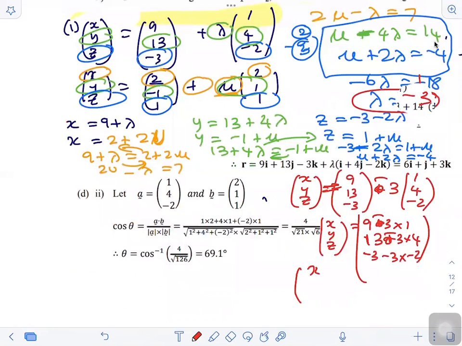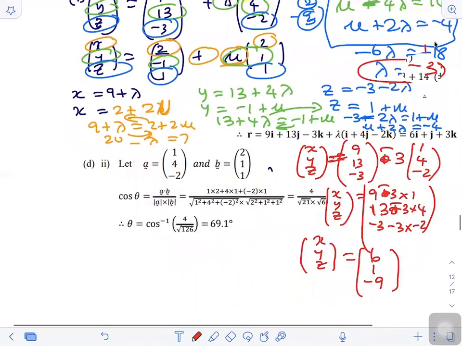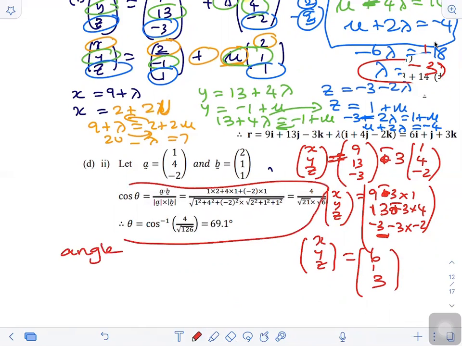So (x, y, z) equals 9 minus 3 is 6, 13 minus 12 is 1, and minus 3 plus 6, which ends up being 3.